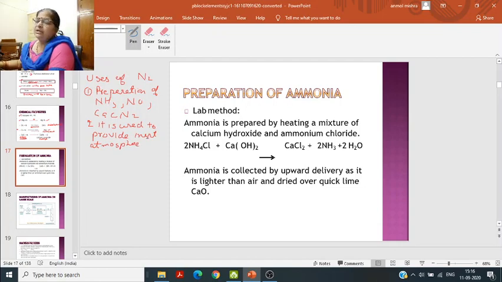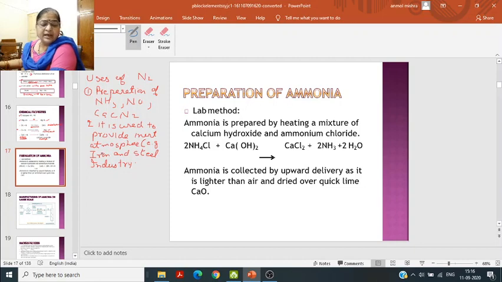For example, in iron and steel industry, industries.